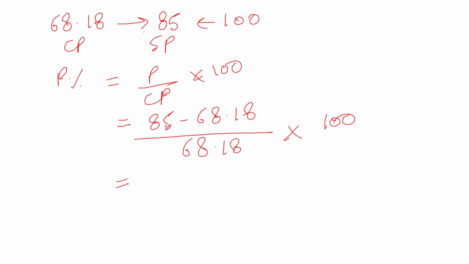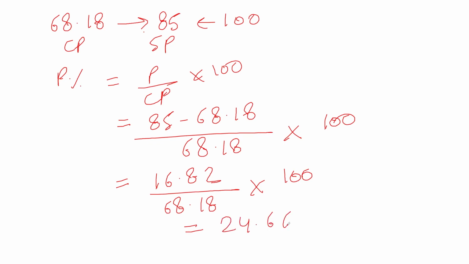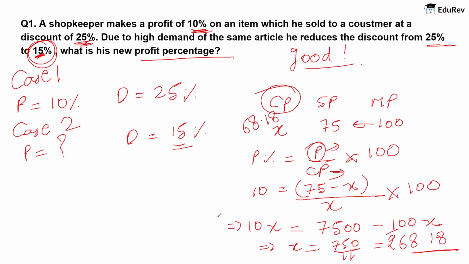Solve it, and when you solve this numerator, you get 16.82 divided by 68.18 into 100. So when you solve this, you get your new profit percentage as 24.66%.